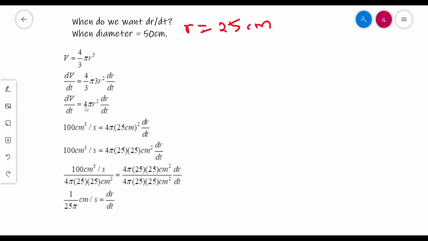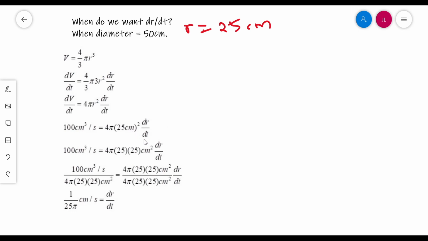Okay, then we just simplify this. 4/3 times 3 is 4. And then we plug in what we know, which is that r is 25 centimeters. We plug in dV/dt is 100 cubic centimeters a second, and r is 25 centimeters, and we're going to square it. Then everything here is a constant, and we could solve for dr/dt. So it's just simplifying now.